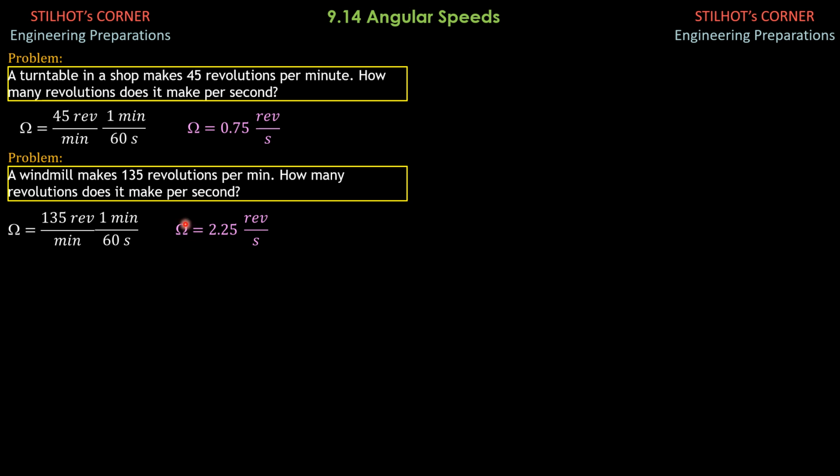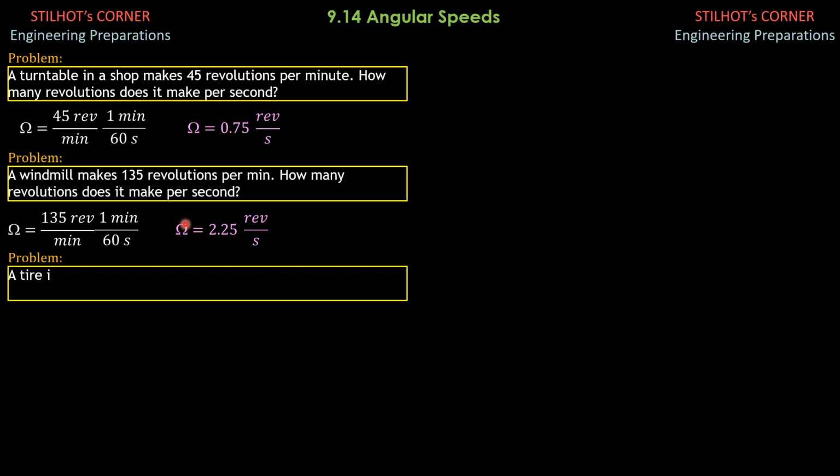The next problem: a tire is rotating 600 times per minute, or 600 revolutions per minute. How many degrees does a point on the edge of the tire move in 3/4 second?